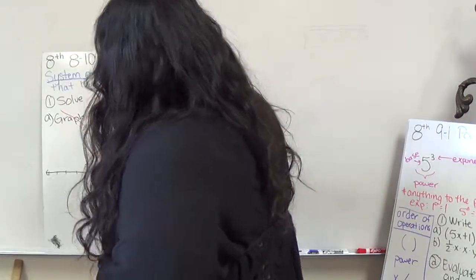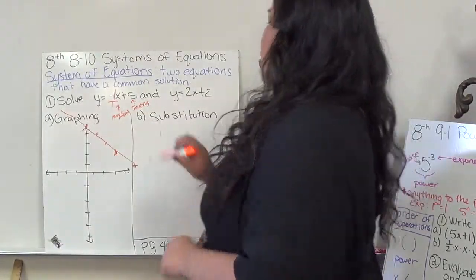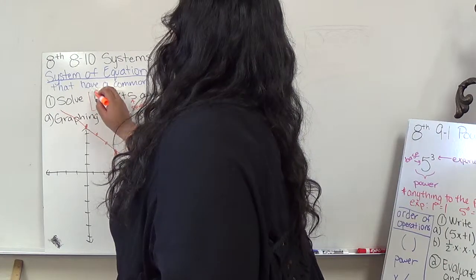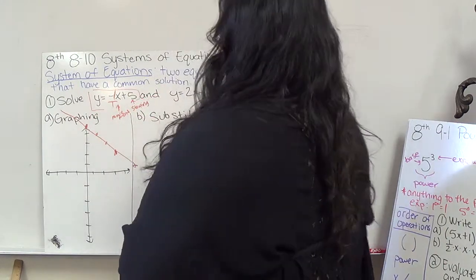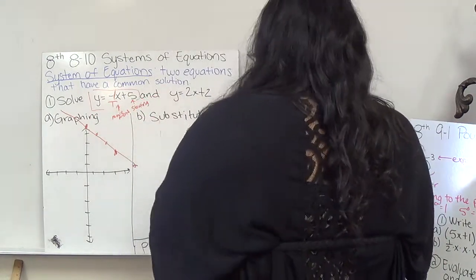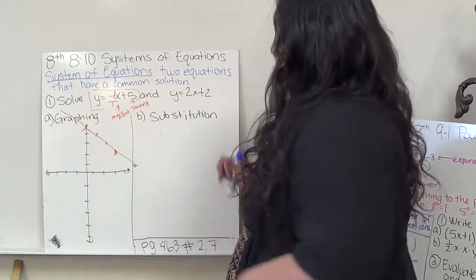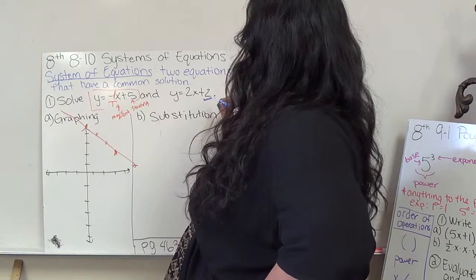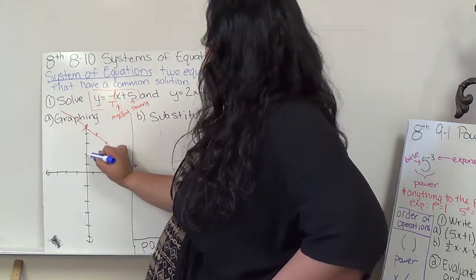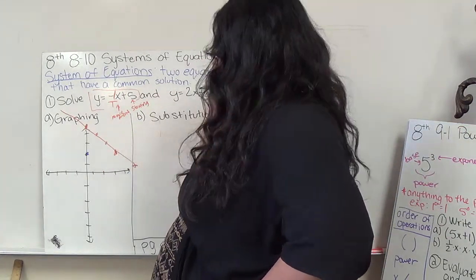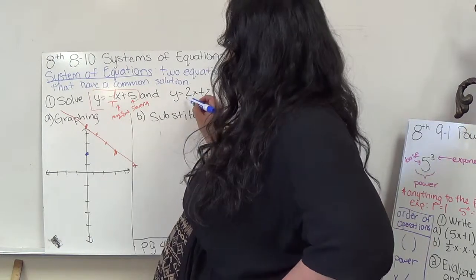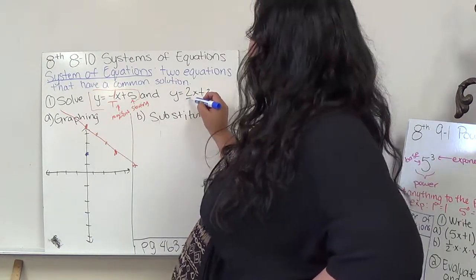And this is my first one. My second one starts here. So I'm going to start at positive 2. And because the slope is a whole number, I'm going to put it into a fraction, so over 1.